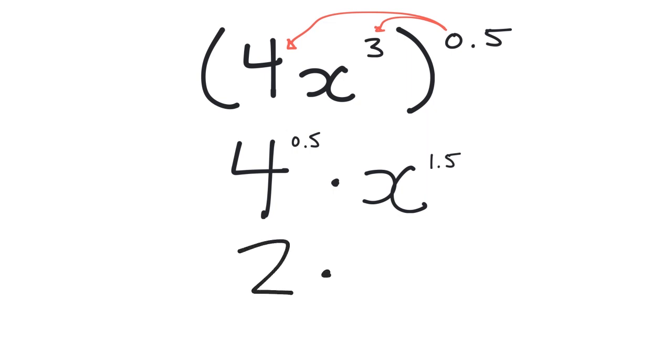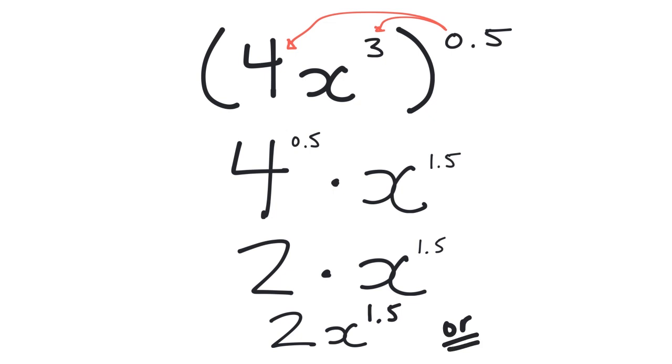4 to the power of 0.5 is 2. And then we're multiplying it by that x to the power of 1.5. And we can clean this up a little bit by removing that multiplication dot, so it's 2 times x to the power of 1.5.